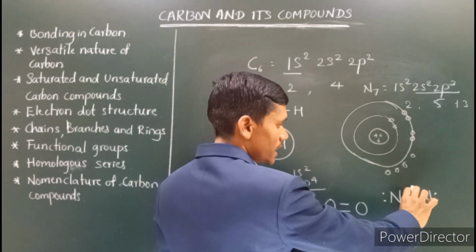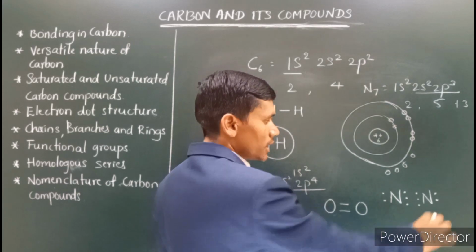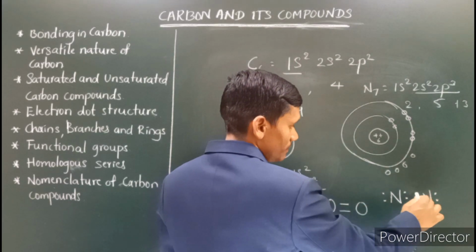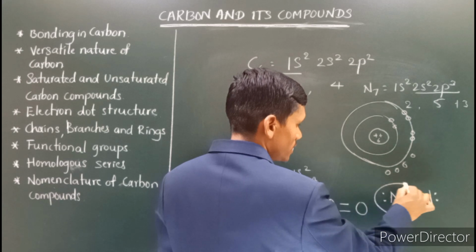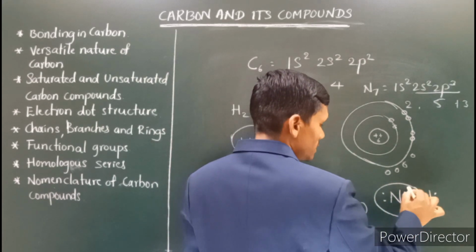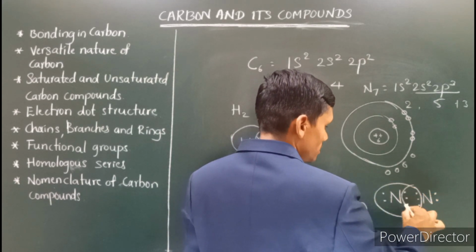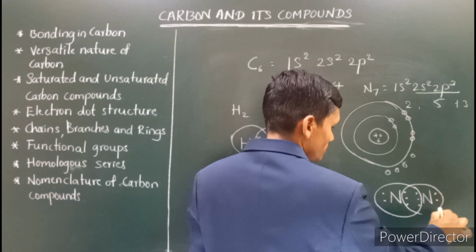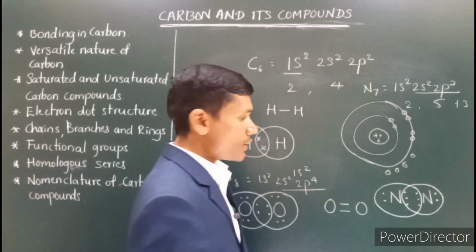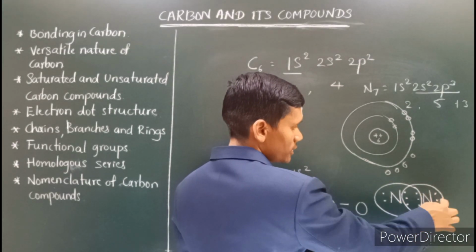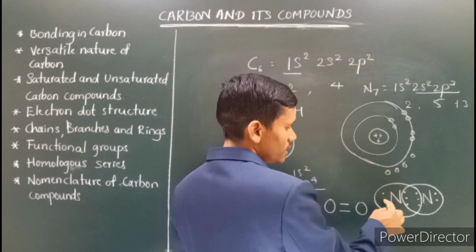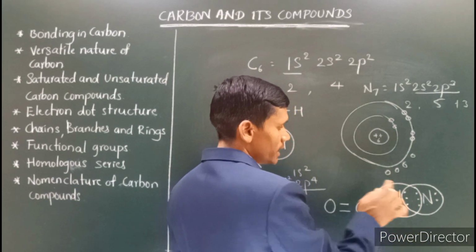Because of that 3 on one side, 2 on one side I am making. Here also in this case. Now you see this pair of electrons is shared by this nitrogen, and this pair of electrons is shared by this nitrogen. Now you see both are having a completely filled orbit, that is octet structure they attained already. Because here 6 plus 2, 8 for this, 6 plus 2, 8 for this also.